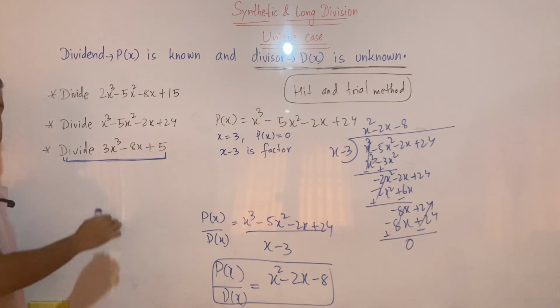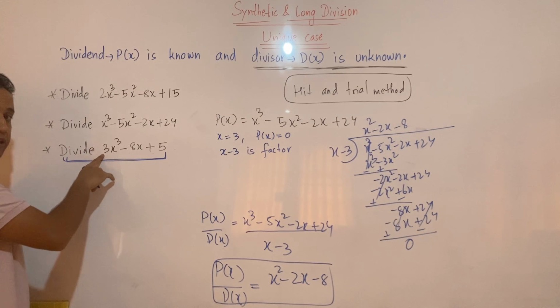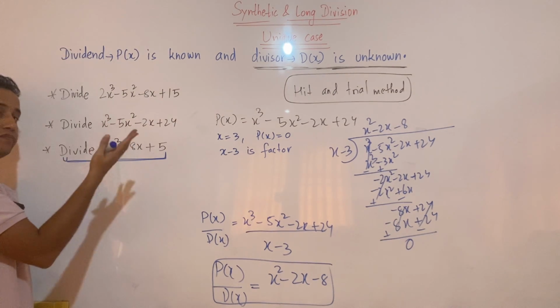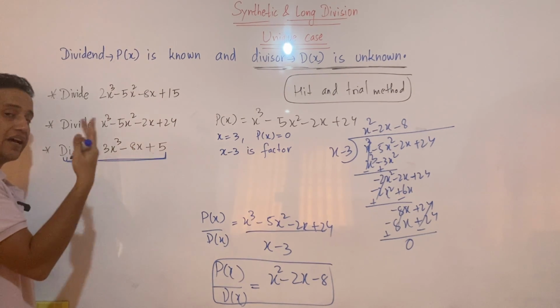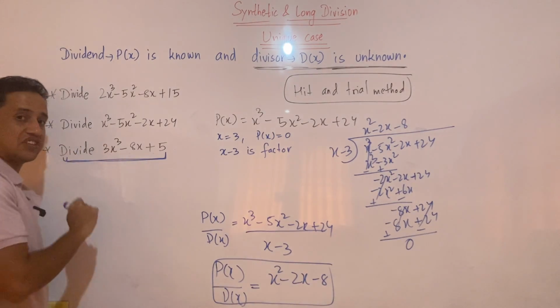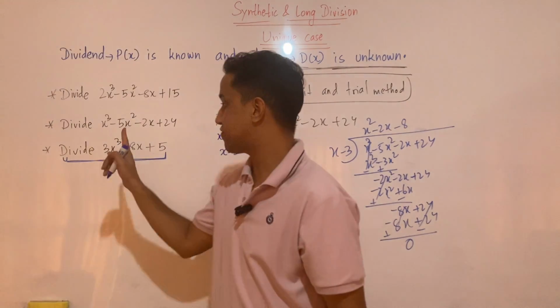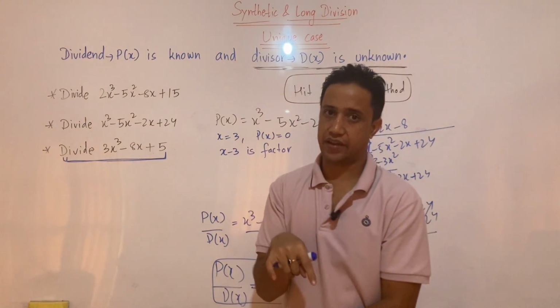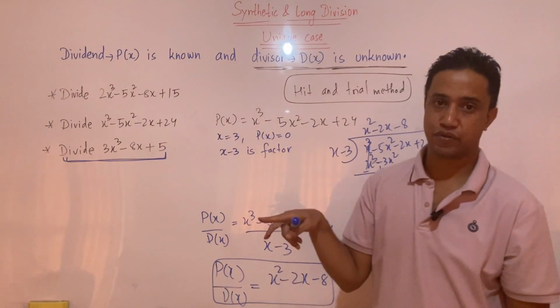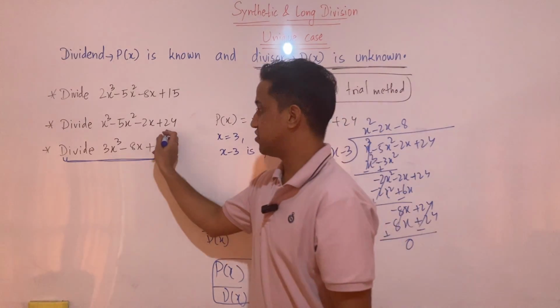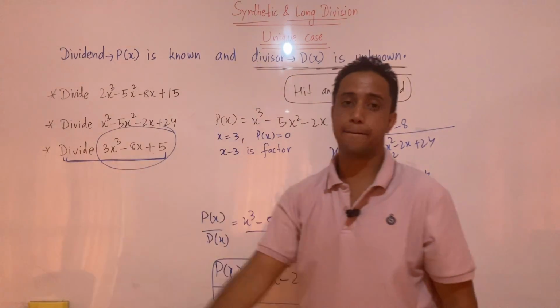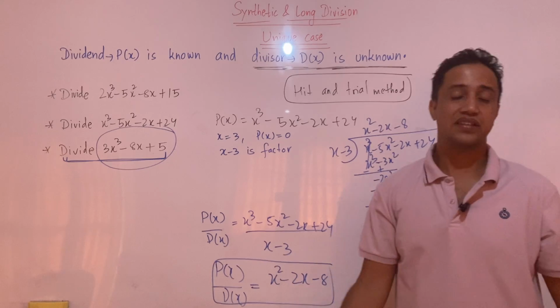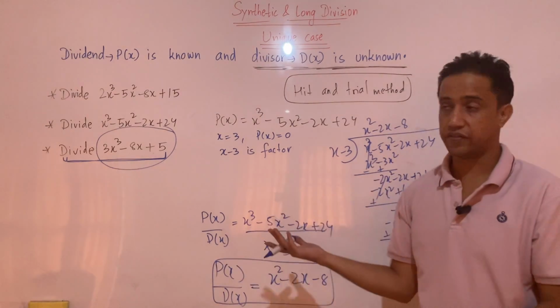Just write this expression, then put different values of x and check if p(x) is going to be 0. So you can find one value and then make the linear factor. Use that factor as a divisor and then divide this polynomial using the synthetic or long division method.